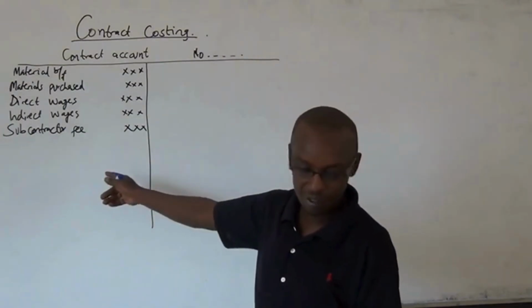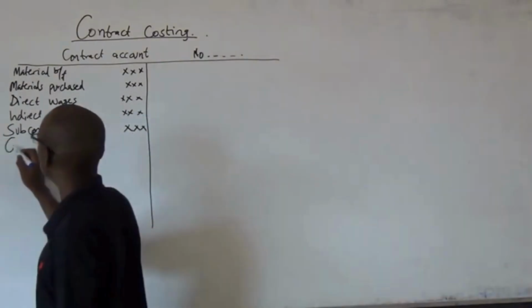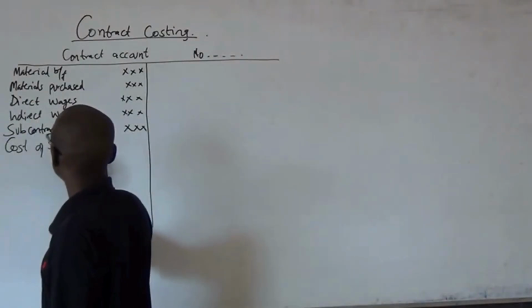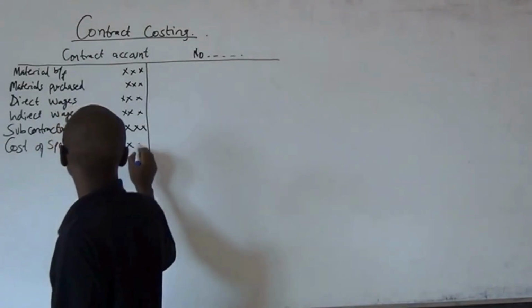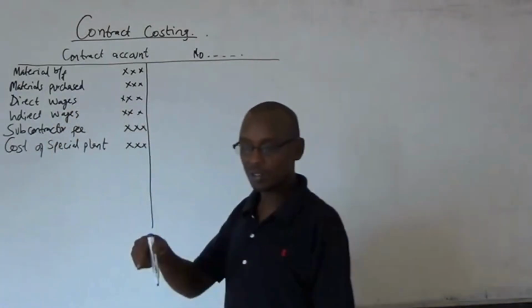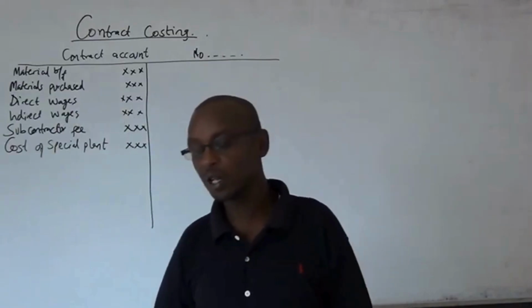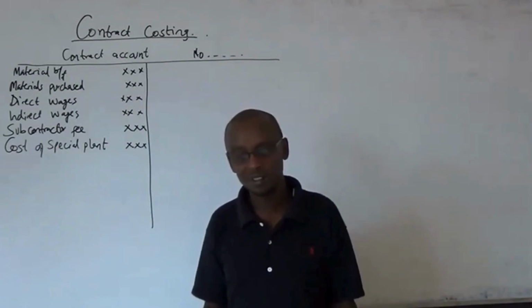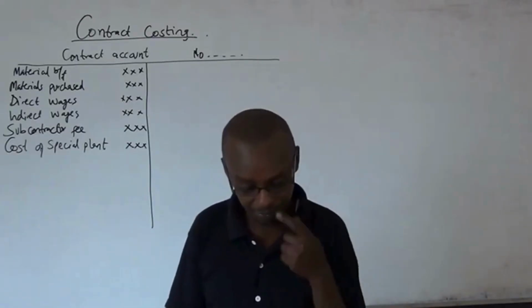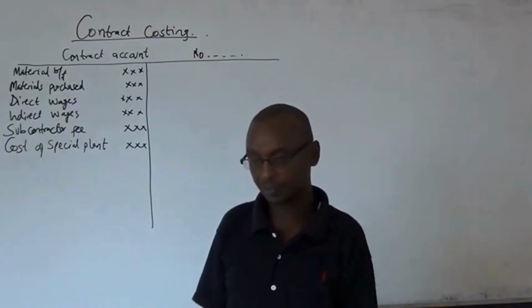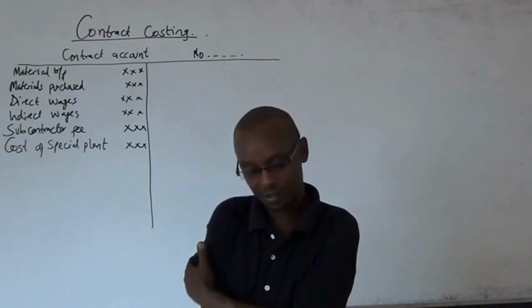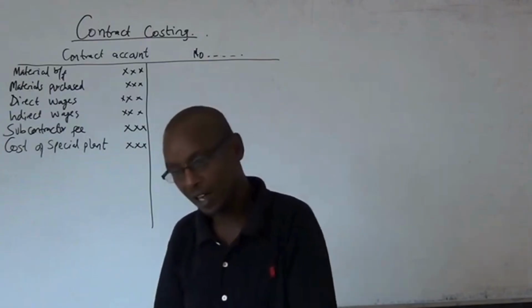Then sometimes in the contract, we need a special plant. We want to excavate so that we can start from the basement, and to do that we need a special machine or a special plant, and then we go and hire.